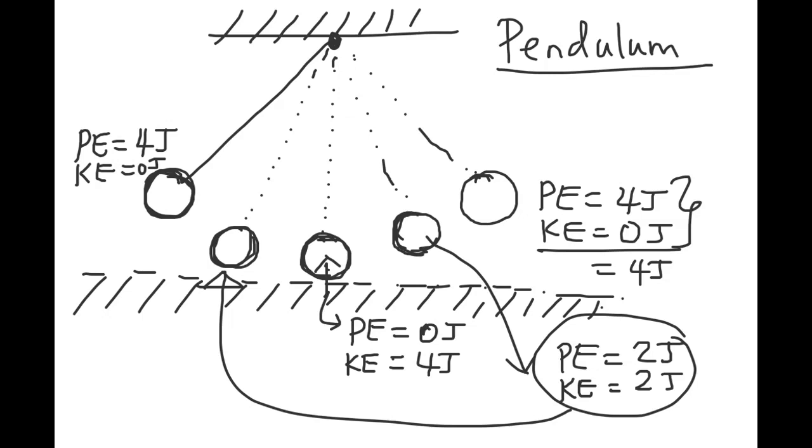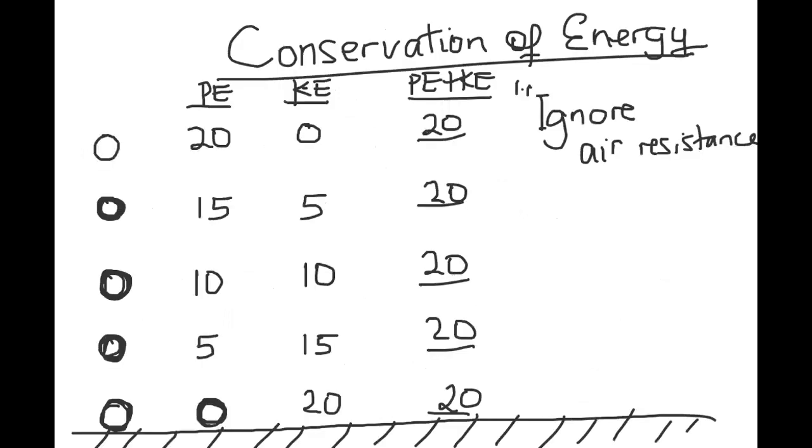If we take friction and air resistance into account, some of the energy will be transformed into other forms of energy that we haven't discussed yet. For example, here, if I were to take air resistance into account, by the time I see the ball around here, we may not have all the potential energy converted to kinetic energy.